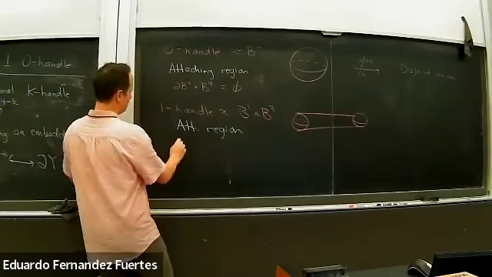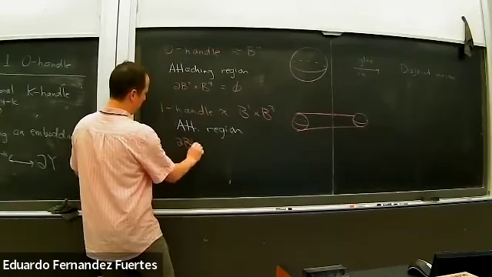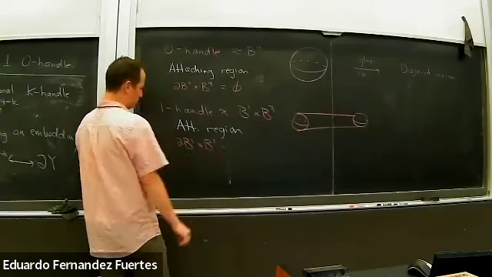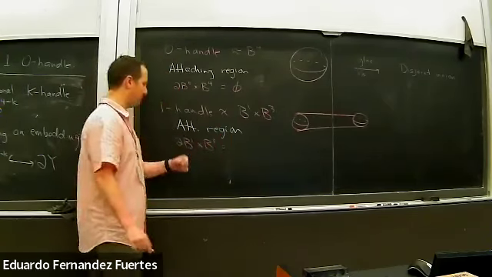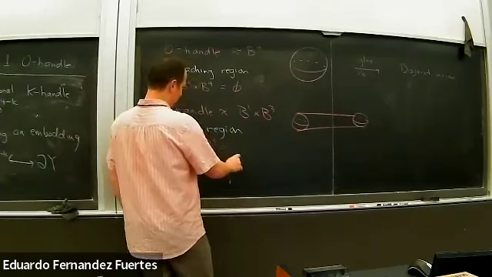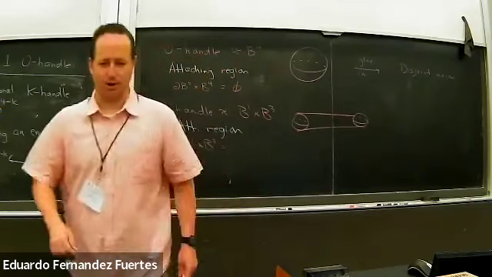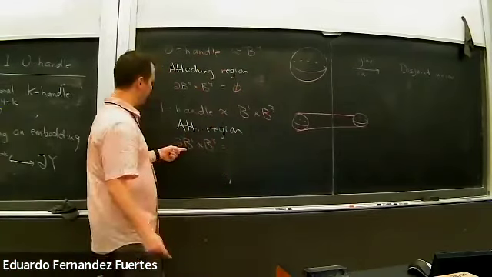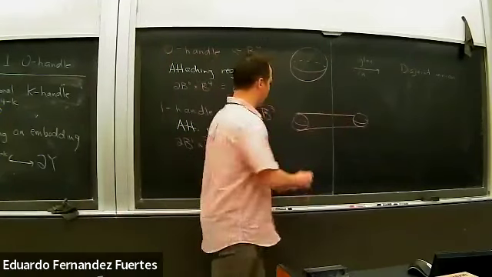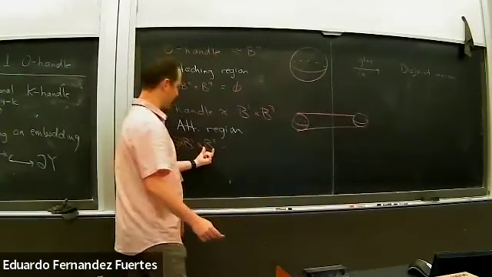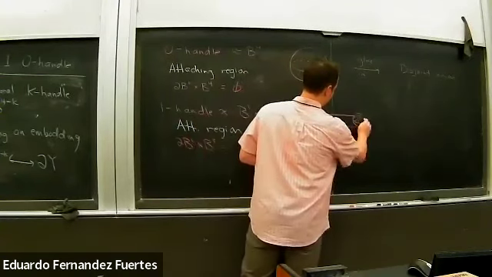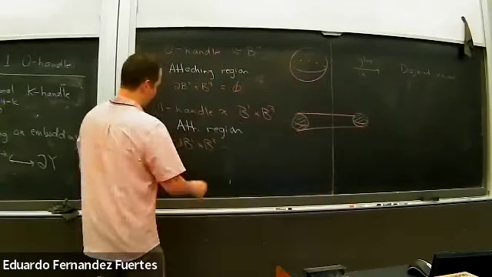And so here my attaching region is going to be the boundary of B1 times B3, which is really just S0 times B3. So this is just this part here. I'll color it in green, so that it's the boundary of the B1 direction here times this thickening factor. So this is going to be my attaching region here.